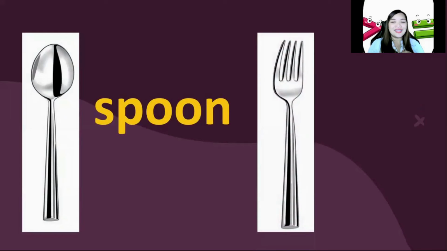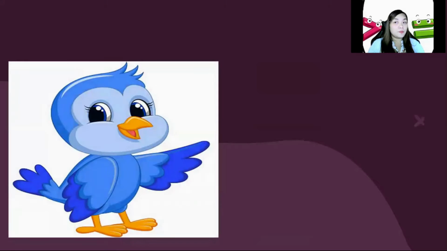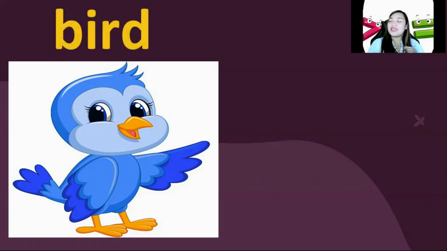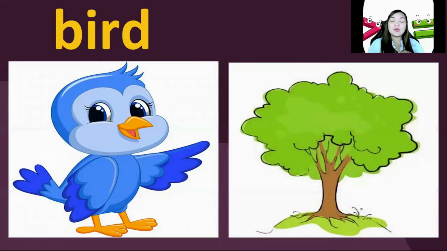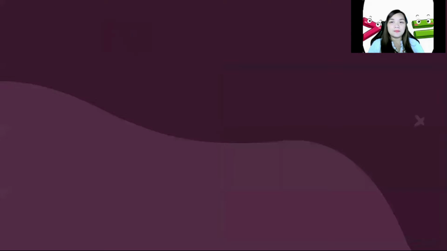This one, it is a fork. Next, everybody say bird. It is a bird. Next, tree. Everybody say tree. It is a tree.